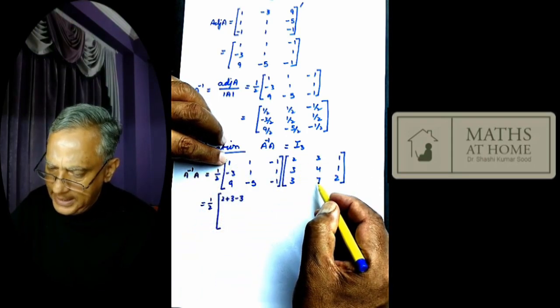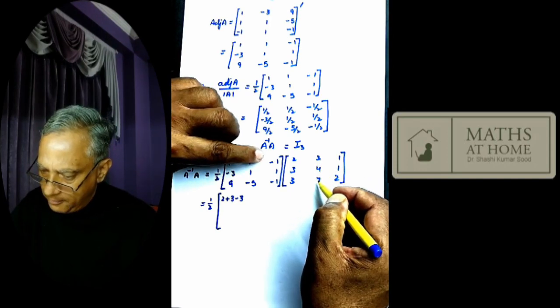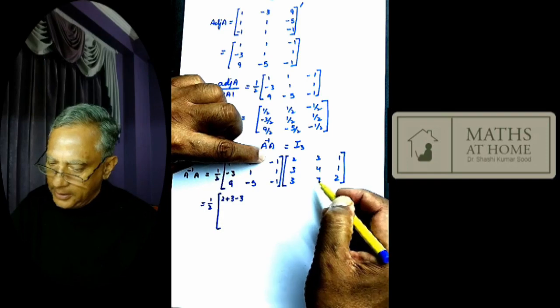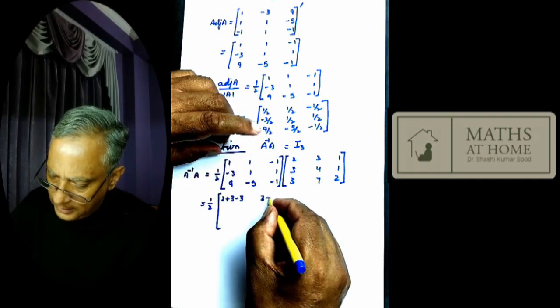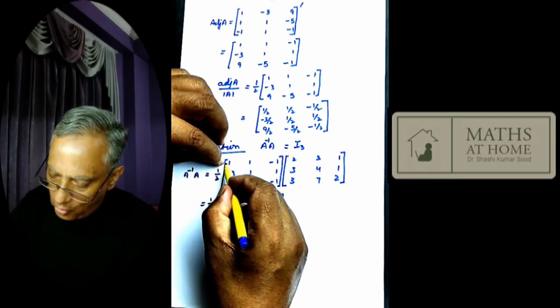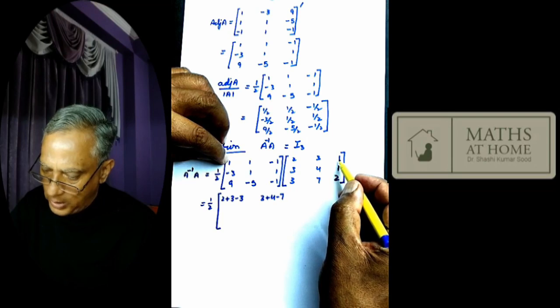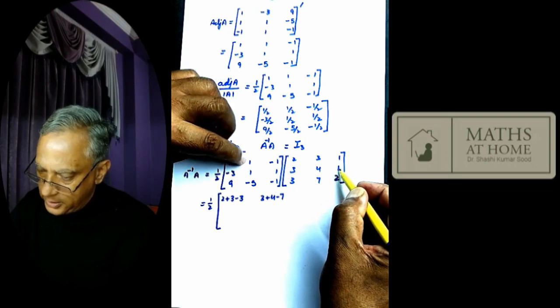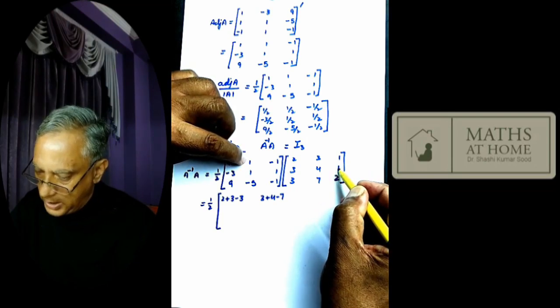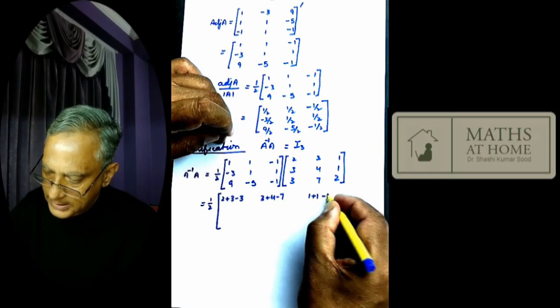What we get is 3 plus 4 minus 7. And now we multiply this with the third column. So we get 1 into 1 is 1, plus 1 into 1 is 1, plus 1 minus 2.